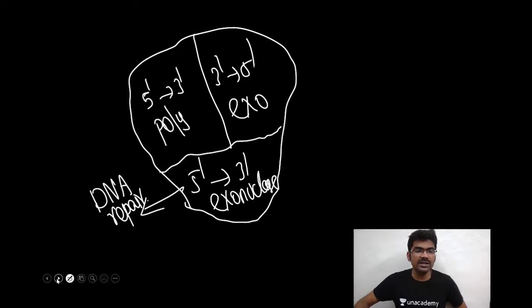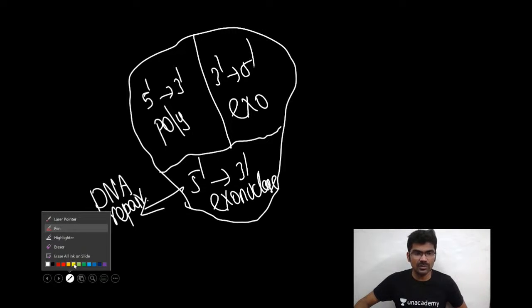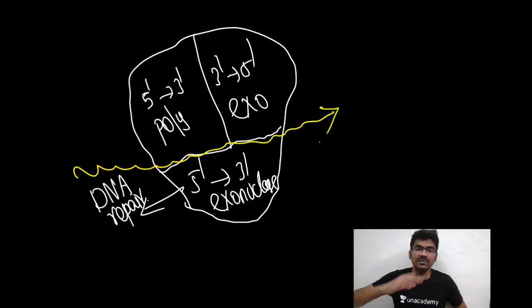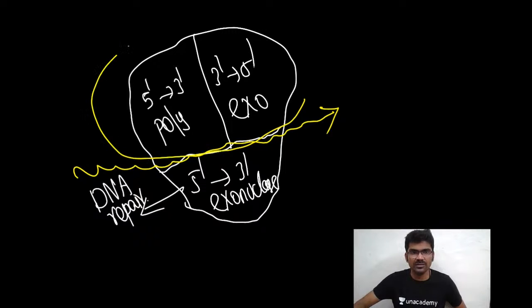So what he did is a limited proteolysis. That means you cleave this protein, and you get a fragment having only these two activities. Clear? Subtilisin, Akash.